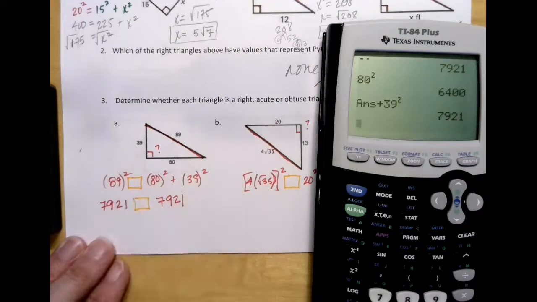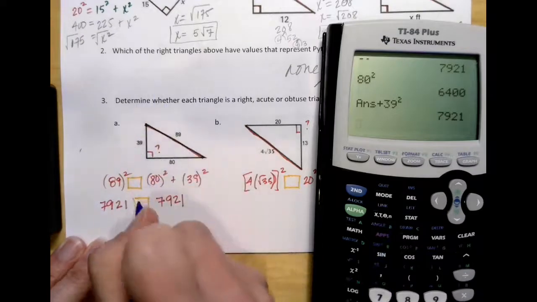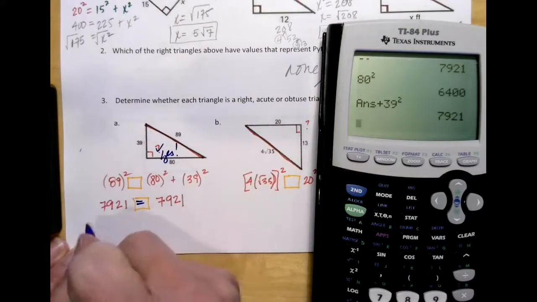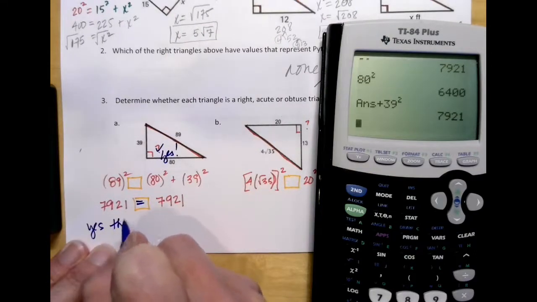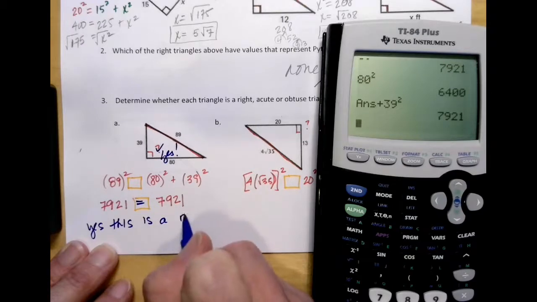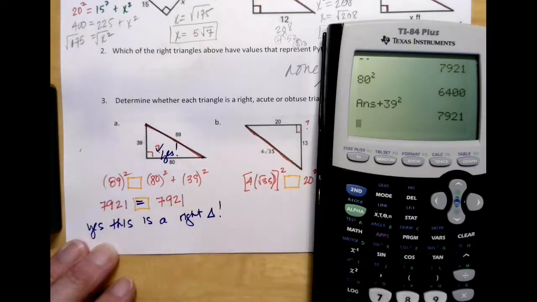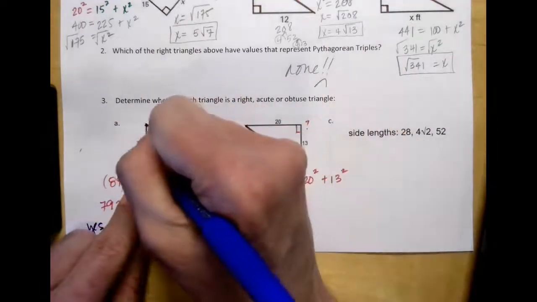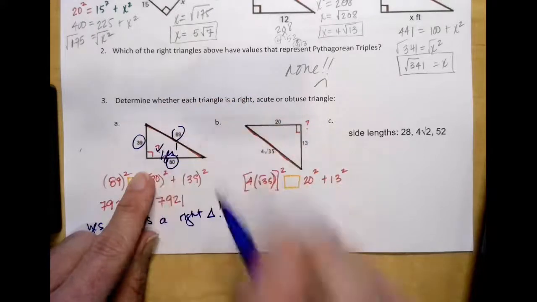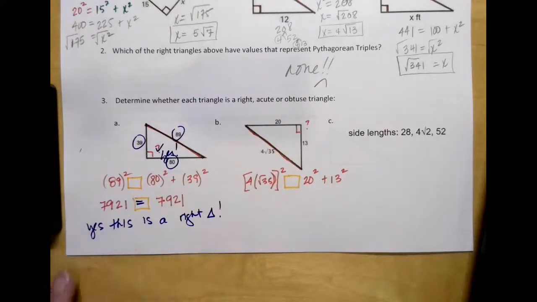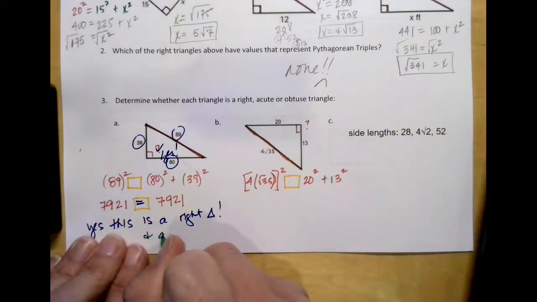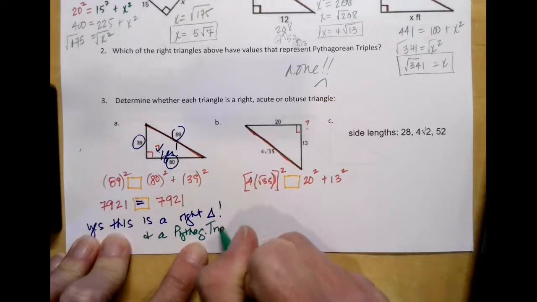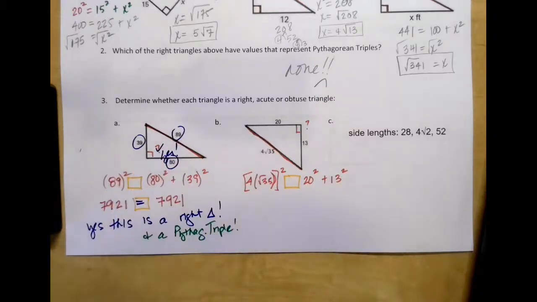Because these two values are equal, then we can say yes, this is a right triangle. And by the way, it is also a Pythagorean triple, because 39, 89, and 80 are all whole values. So this is a right triangle and a Pythagorean triple. So that was a good one.